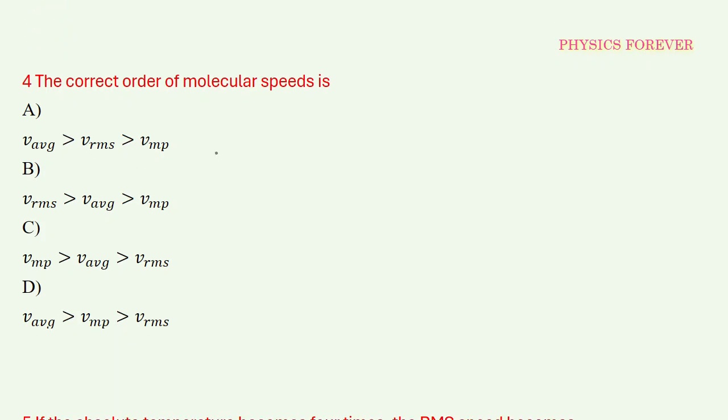So this is most important, remember. So which is the correct order of molecular speed? The first one, the most probable speed, is the smallest, lesser than the next one, the average speed. Then the average speed is lesser than the root mean square speed.